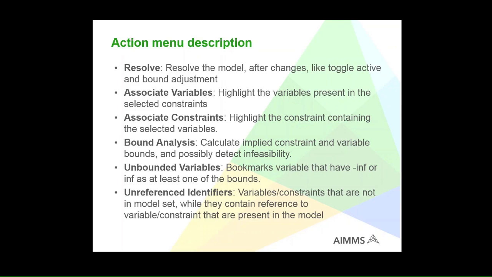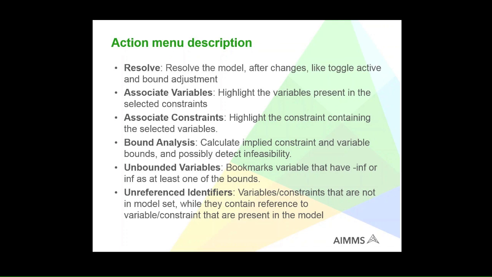And then there's the unreferenced identifiers, which is a way for AIMMS to tell you, well, maybe you've forgotten this. As you know, you can have different variables and constraints in your model, and it marks variables and constraints that are not in your model set while they actually contain references to the variables and constraints that are present.